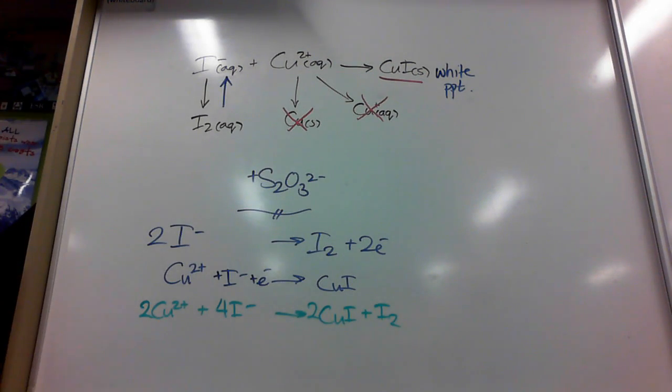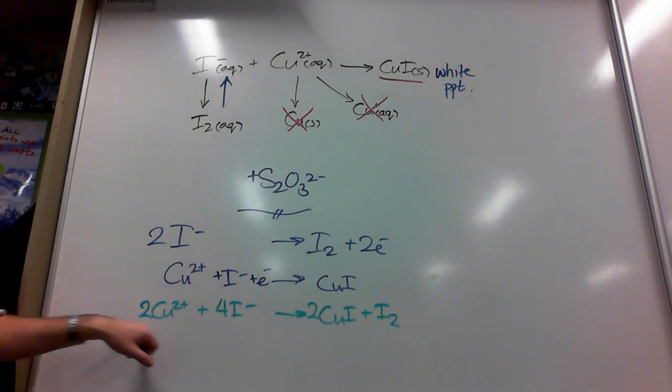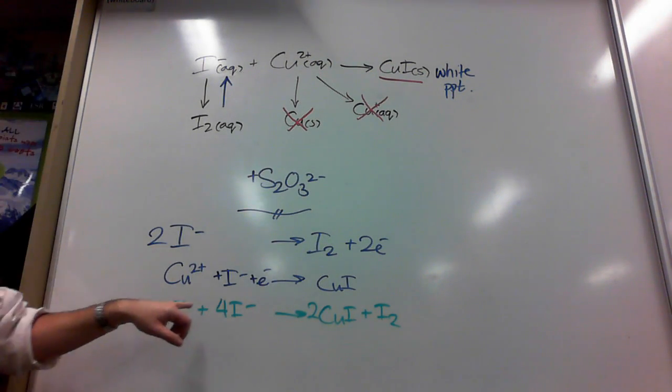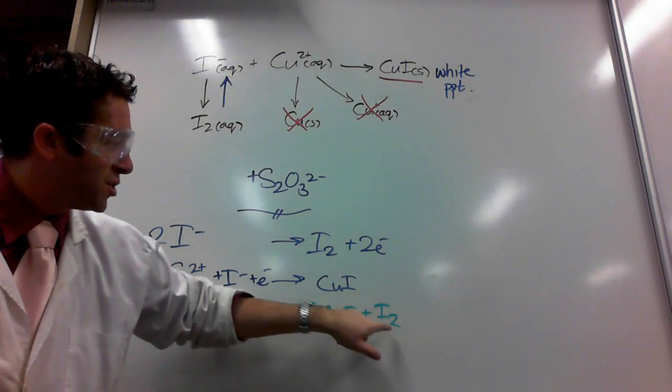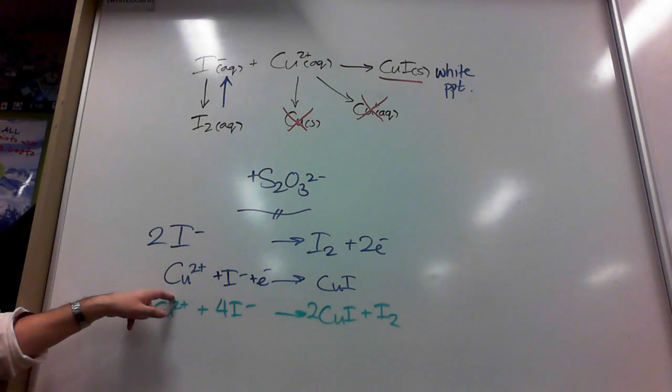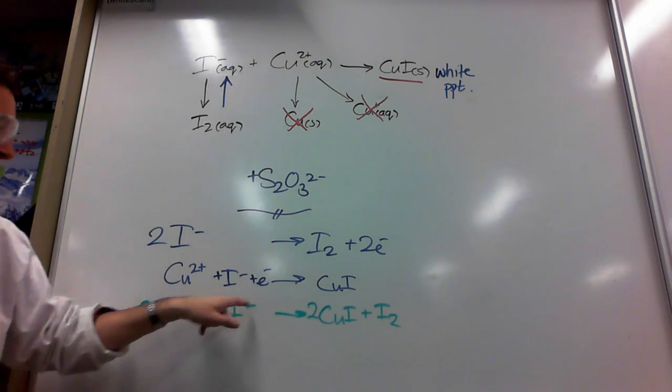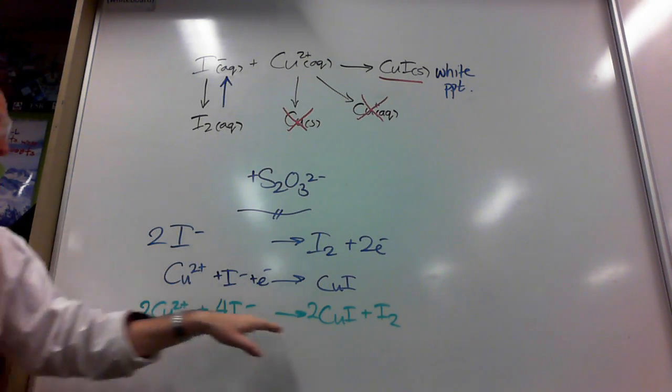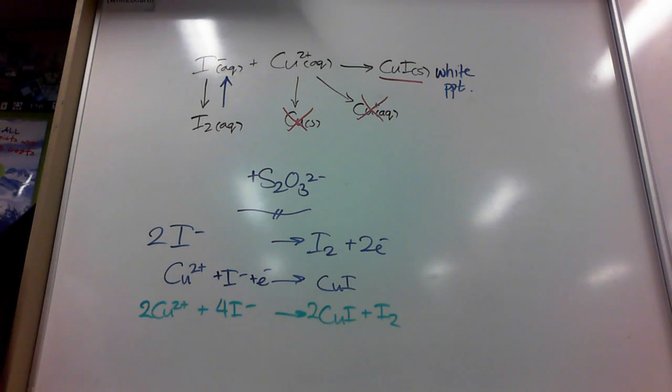Alright, just do our balancing act: 2 coppers, 2 coppers, 4 iodides, yep, there's 2 there and 2 there, so that's 4. This side has got a charge of 2 times +2 is 4, but then subtract 4 times -1, so 0. Total charge on this side is 0 as well. So I know that I've got this fully balanced.